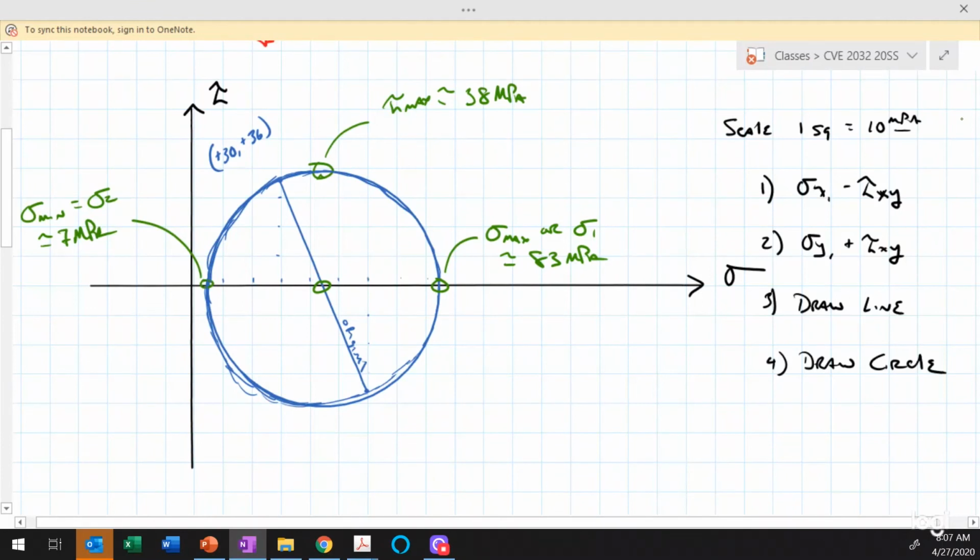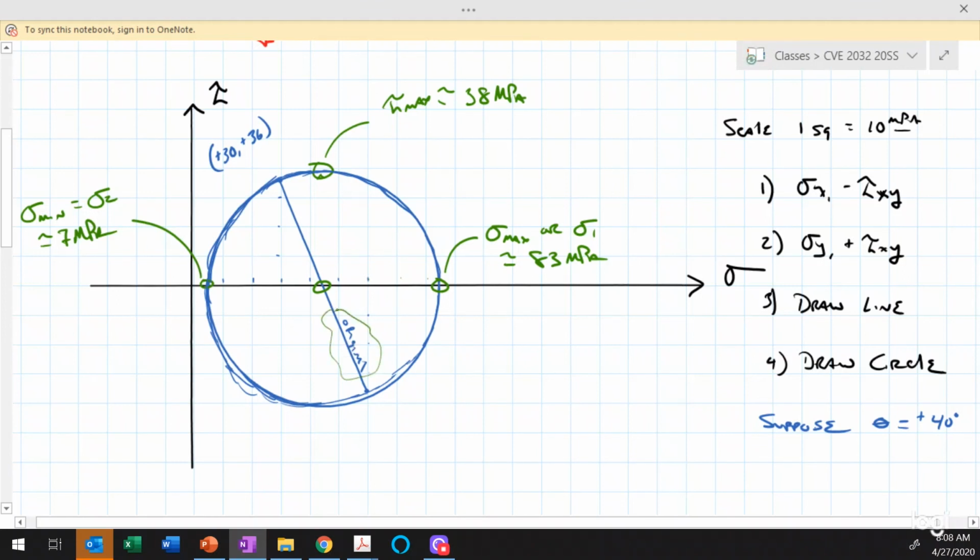Okay, now let's suppose we wanted to look at the stresses that were on an orientation that was rotated by theta equals positive 40 degrees. So let's go down here and suppose that we wanted to look at some orientation where theta is equal to a positive 40 degrees. So this is the original orientation right here, this line.